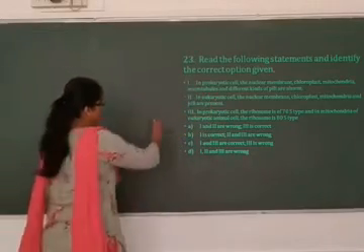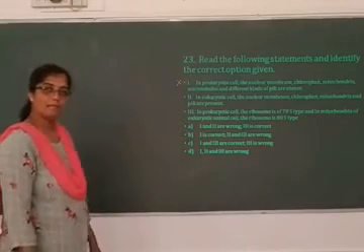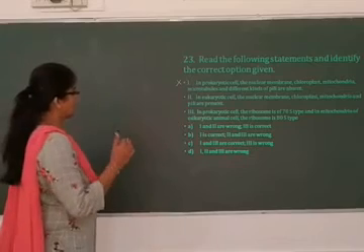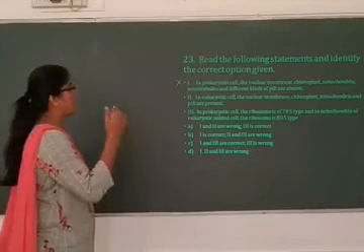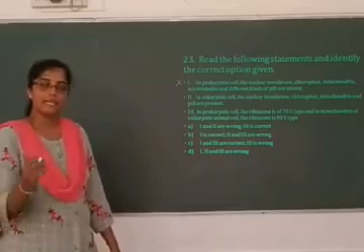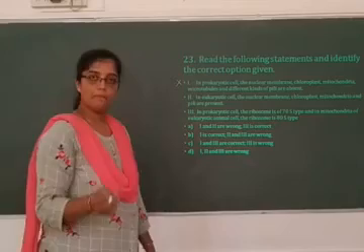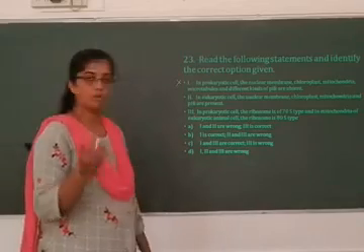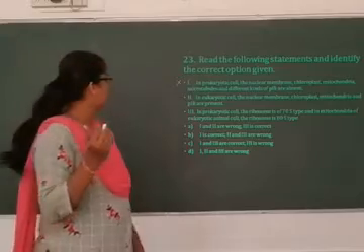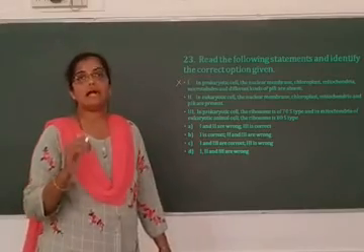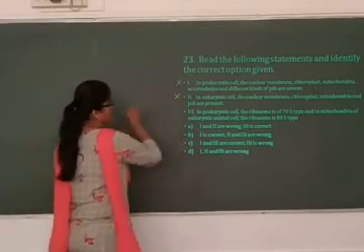So the first statement is wrong. Second statement: in eukaryotic cell, nuclear membrane, chloroplast, mitochondria, pili are present. Again, in eukaryotic cells nuclear membrane, chloroplast and mitochondria are present, but pili are absent. So the second statement is also wrong.